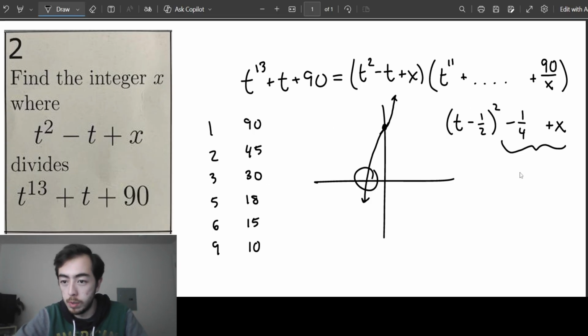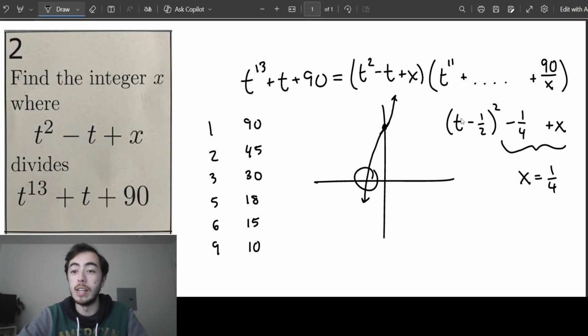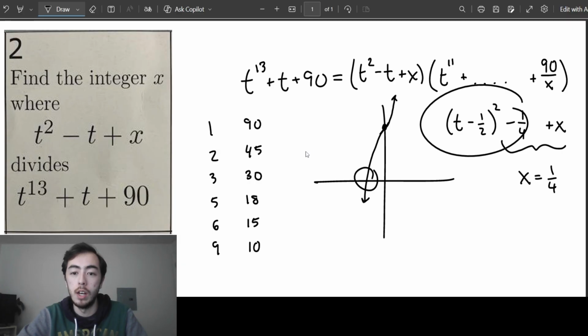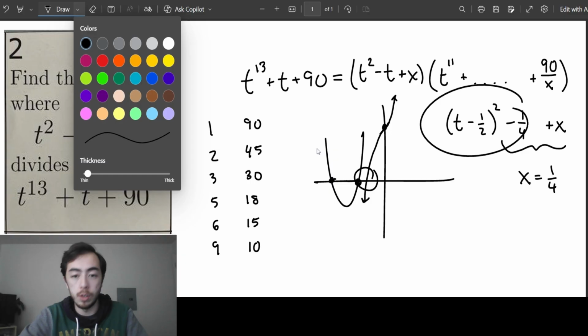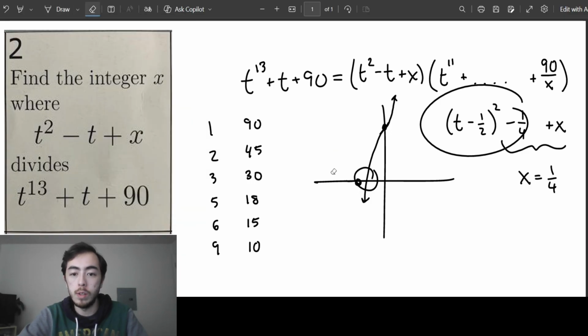So it's possible that x maybe is 1/4 for this problem, but this doesn't make sense because it says that x is an integer. If x were negative, then we'd be pulling this quadratic lower on our graph, and that would then have two t-intercepts. So the only possibility is that this x is greater, not lower than 1/4.